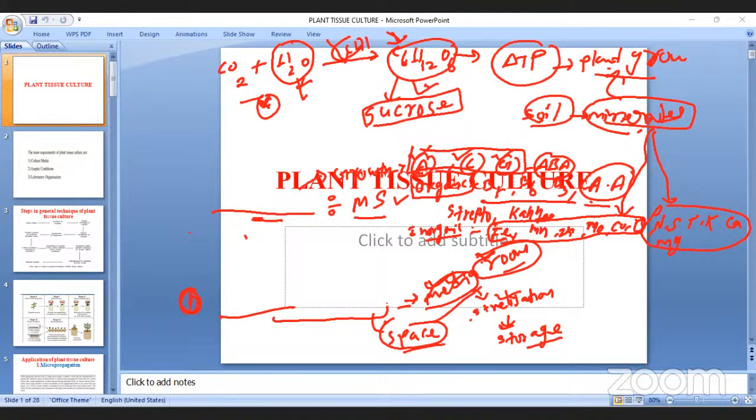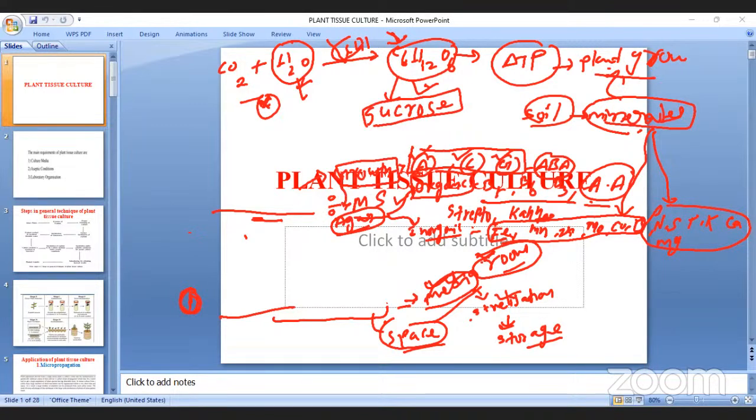For this culture media, first of all we add agar gel. After adding agar gel, we add inorganic nutrients like ferrous, manganese, zinc, molybdenum, and organic vitamins and amino acids. And apart from that, the growth hormones also we need to add to this agar culture media.